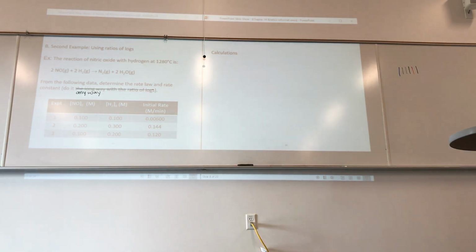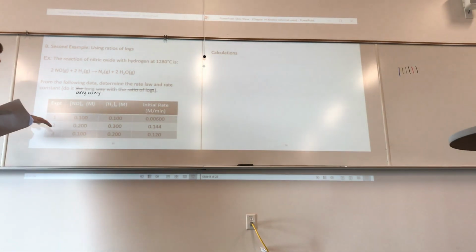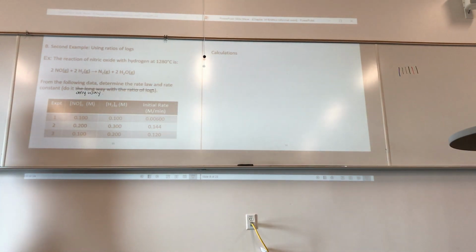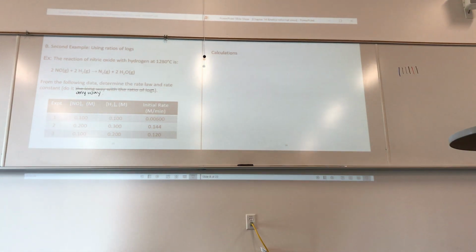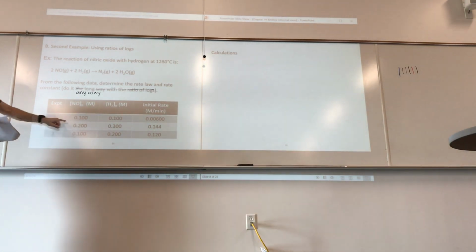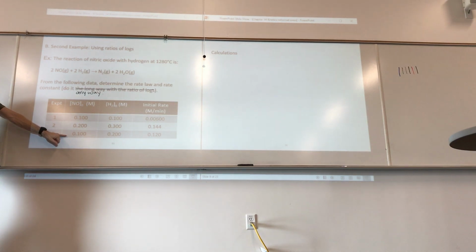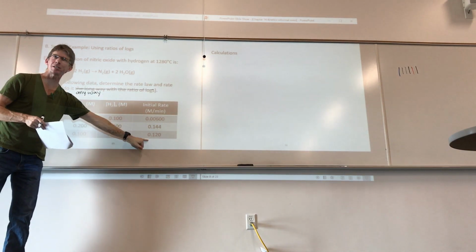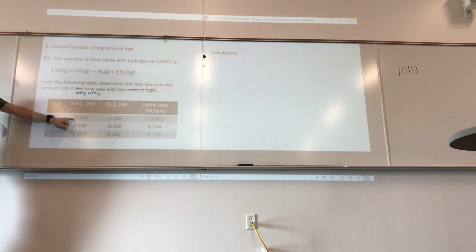I say that because there's two ways to do these types of problems. There's the way that I showed you last time, which involves ratios of logarithms of the different experiments in the rate laws. And then there's the way where you just use straight-on ratios. For example, what you can see is between experiment 1 and 3, one of the concentrations is constant. That means there's no effect on the rate of reaction from the initial concentration of NO. And I forgot to define this last time, I apologize.